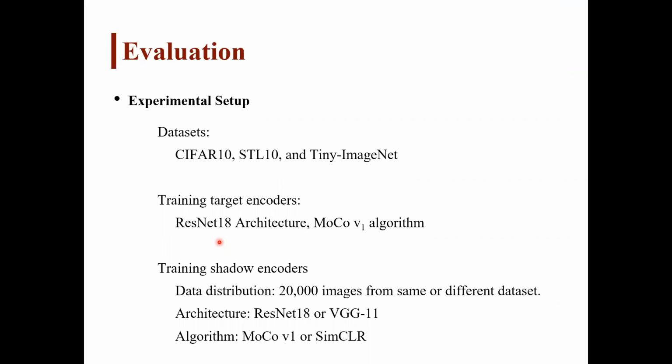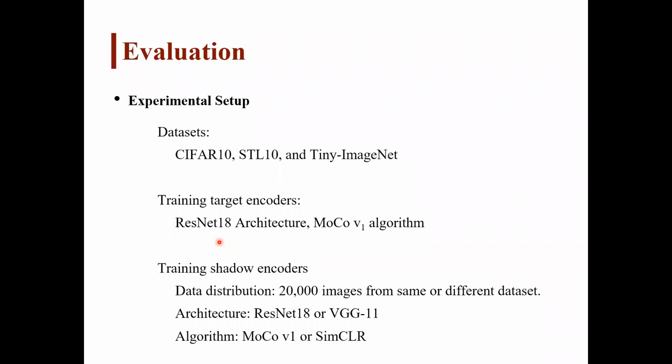Yeah, because they need to calculate the similarity score between two points. Yes, so actually it's the same question as I asked before. I don't know whether the dimension of the latent space is critical for this similarity calculation.